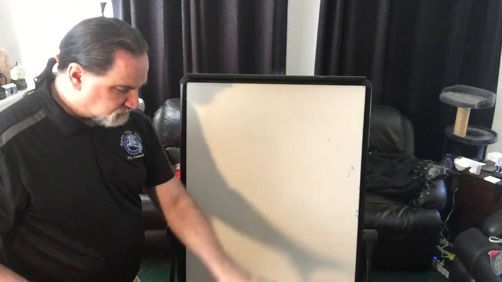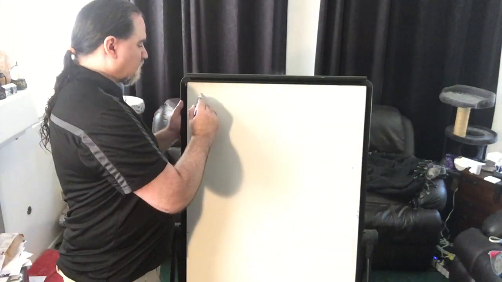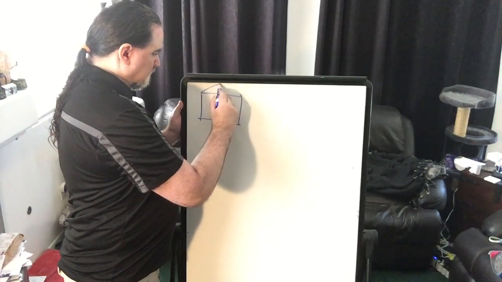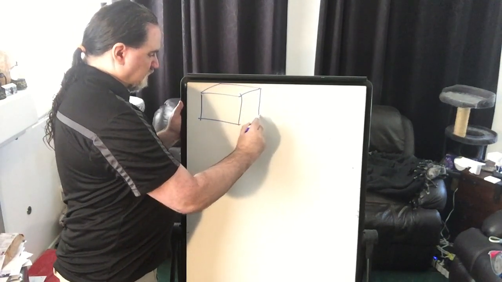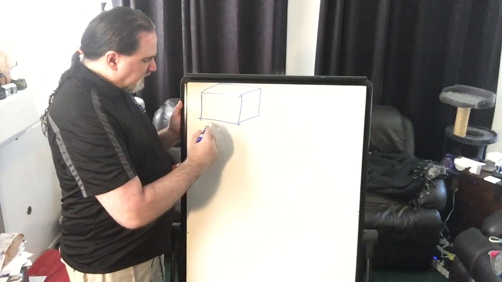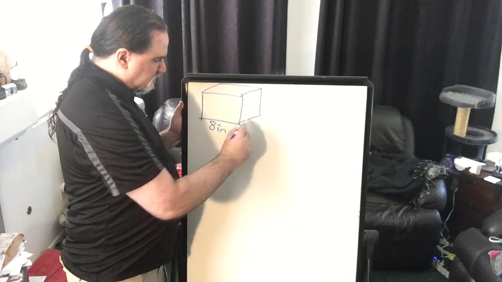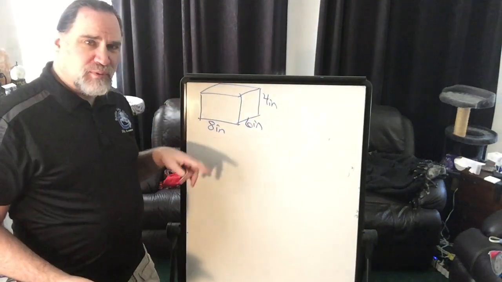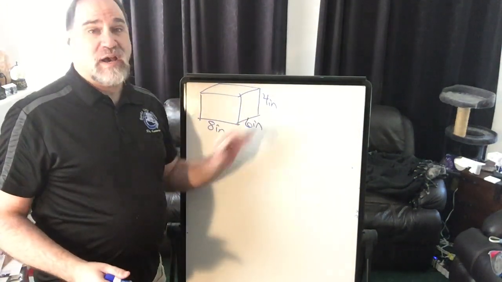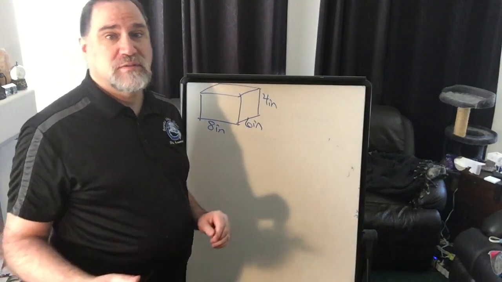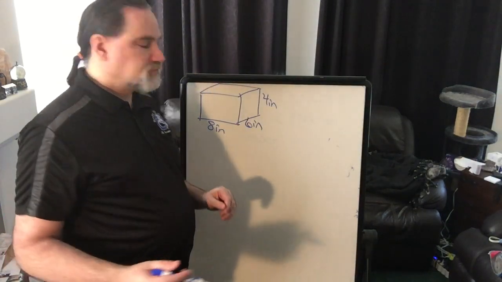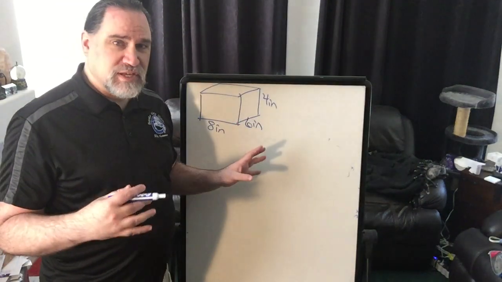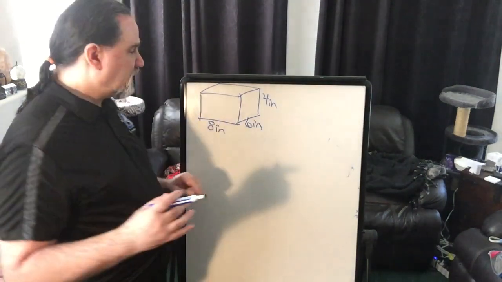Okay, so I'm going to drop that for a second and draw a rectangular prism. So we have that this is 8 inches, 6 inches, and 4 inches. Now, if I were labeling these, I might call this the length, the width, and the height of the prism, but for purposes of this, we're not going to make that distinction just yet.